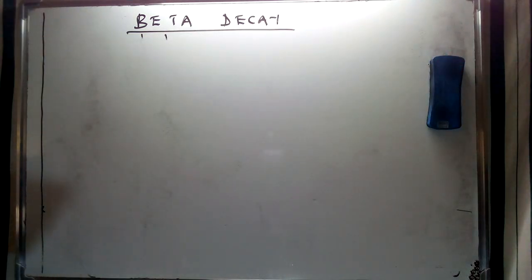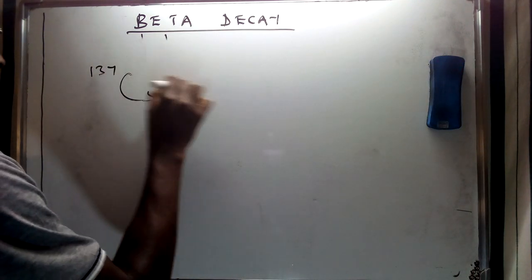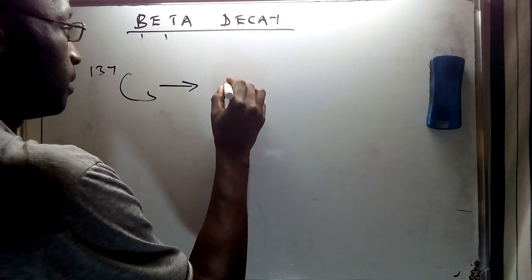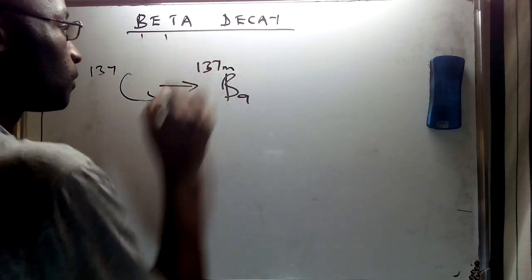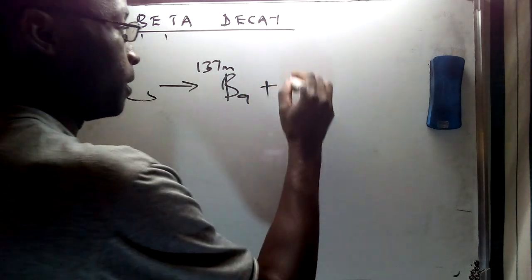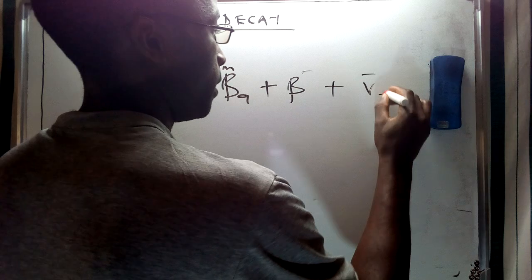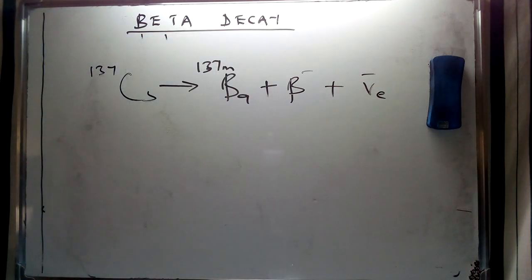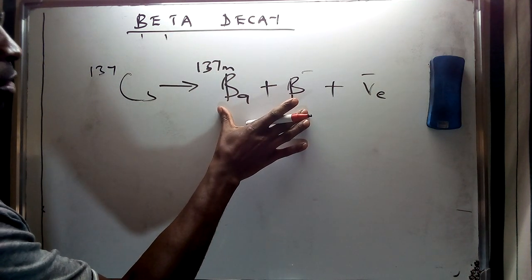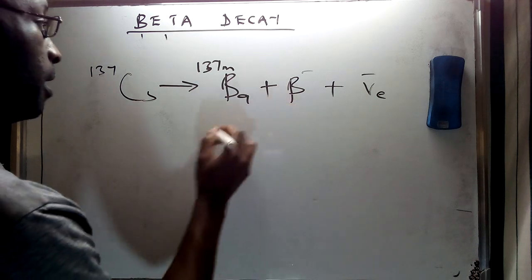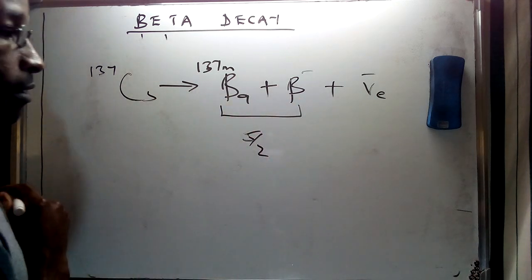So I've said the general equation that we're going to use for this is cesium-137. This is going to undergo a beta decay and result in the formation of barium-137, and then we're going to have this beta negative, which is an electron, and then an antineutrino. So as we said, if we have these two specific products, the total spin is going to be, as we had calculated, 5/2, which is not an integral number.